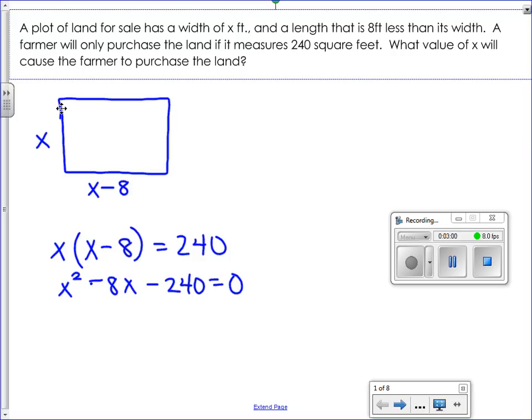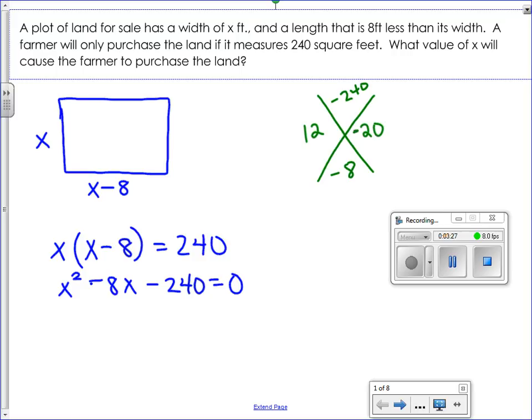Can you factor this? Can we think of two numbers that multiply to equal a negative 240 and add to equal a negative 8? 12 and 20. One of them has to be negative. Which one? Negative 20.